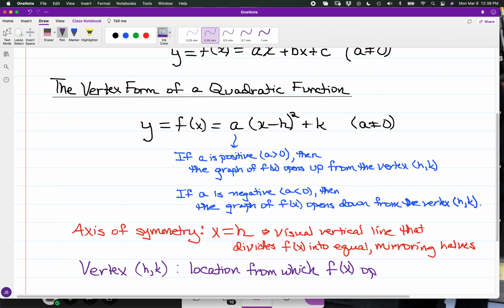If it's opening upward, it's going to look like something between a U and a V. Just a couple of situations here, again starting out with the x-axis and the y-axis.